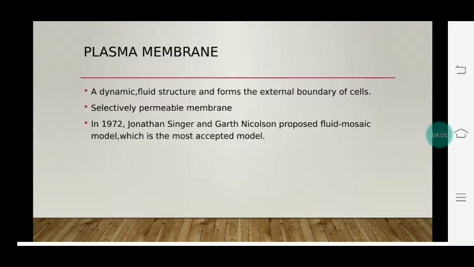So in this model, Singer and Nicolson described how the proteins are embedded in the lipid bilayer, how fluid moves between the lipid bilayer, and how molecules are moved by proteins inside or outside of the cell.